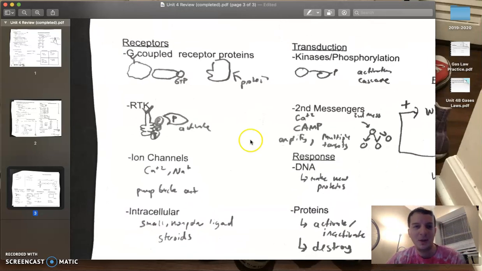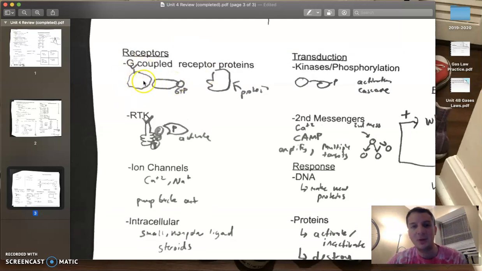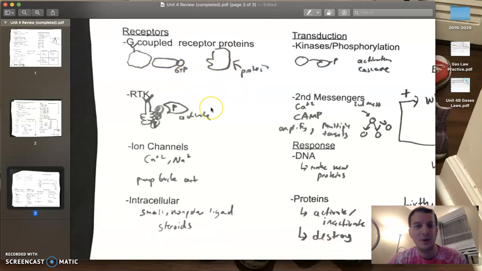So you should know some of the receptors in general. So G-coupled receptor proteins, so the receptor that will couple with the G protein and activate it by combining it with a GTP, and that will then move to a different protein and activate it when they combine together. And so those are the G-coupled. So the receptor, coupler, the G protein, and another protein is involved.